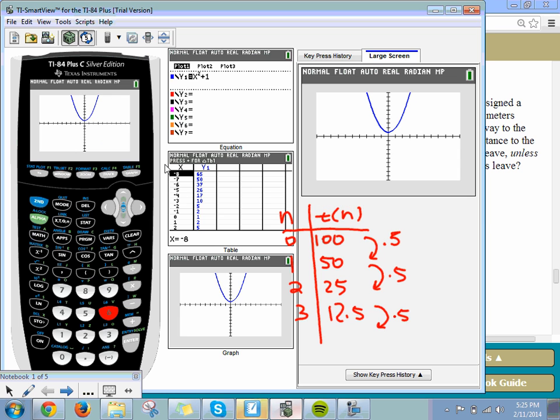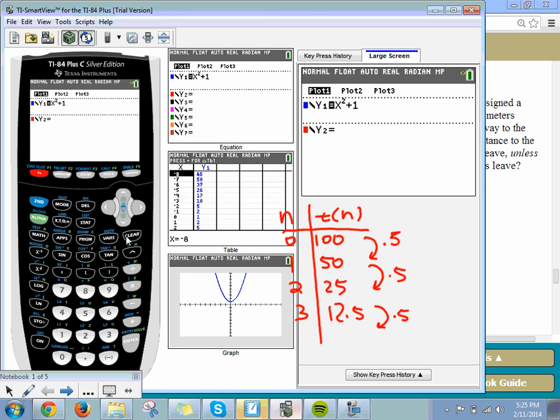What I would like to show you on the graphing calculator is that we can plug in our original equation. I'm going to put in our explicit equation. Our starting value is 100, and then we're multiplying by 1/2, or 1 divided by 2, each time.